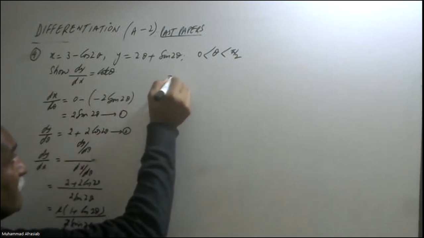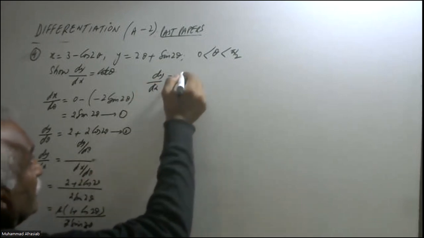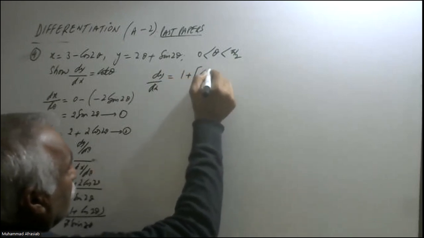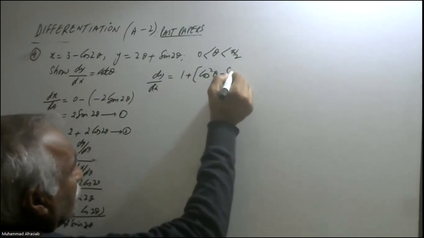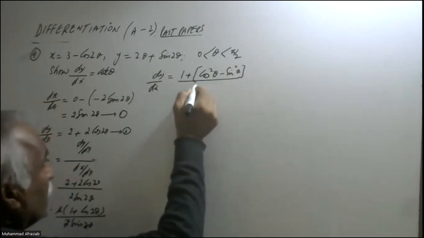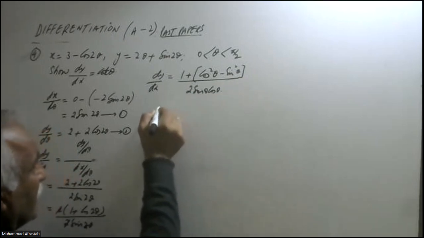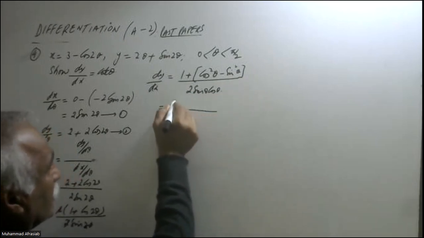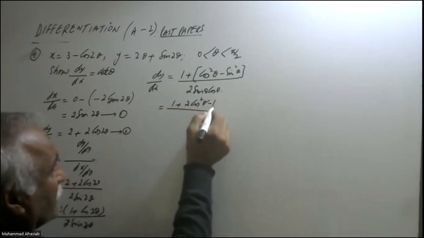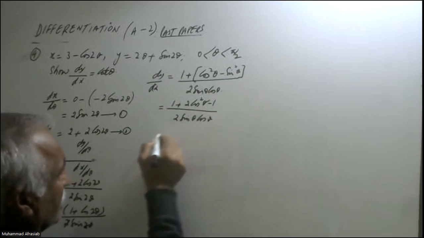But 1 plus cos 2θ is equal to 1 plus 2 cos²θ minus 1, over 2 sin θ cos θ.